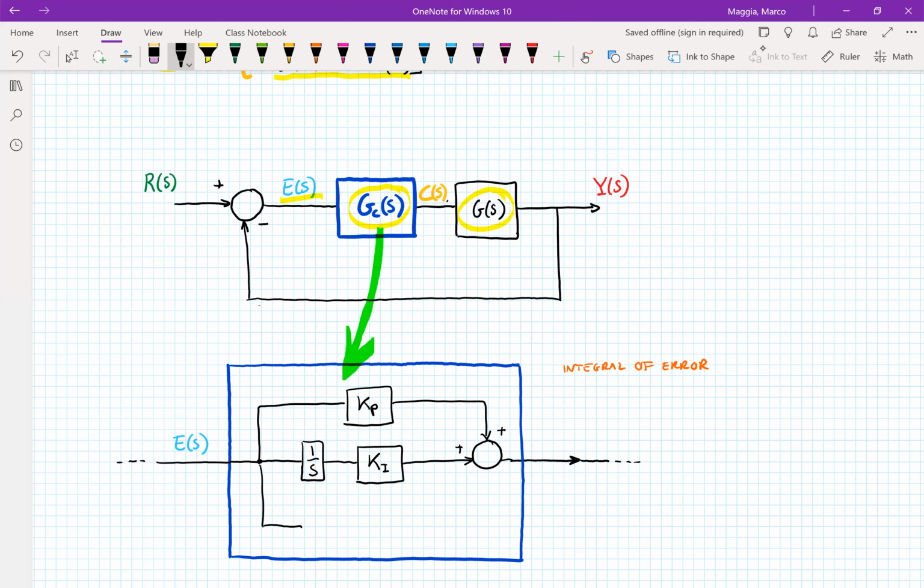So we have to take the derivative of the error. How do we do that in the S domain? We multiply it by S. And then the result, which is the derivative of the error, will be multiplied by a constant. And now we're going to use Kd. And the result of it will also be fed into the summing junction.